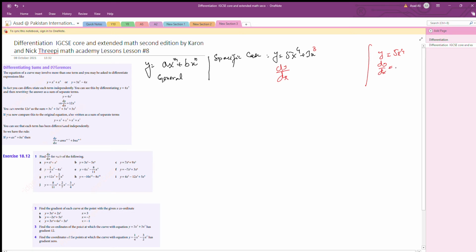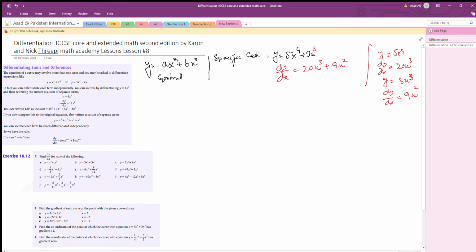If y is equal to 3x power 3, the rule says dy dx is 9x power 2. So here the two terms are added. This is called addition of two terms. So we get 20x power 3 and 9x power 2.